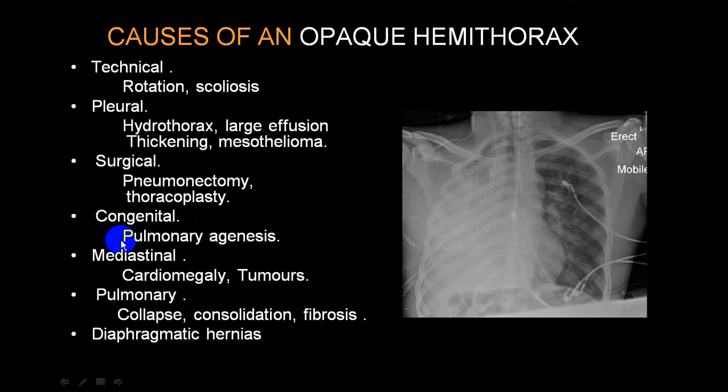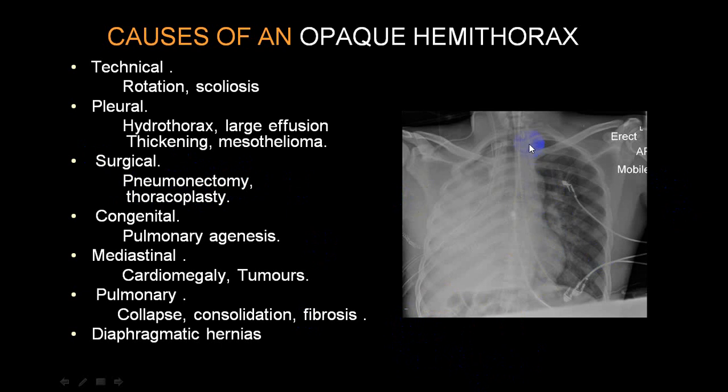While in a case of a mediastinum, cardiomegaly, tumors will increase the density. In a lung, collapse, consolidation, fibrosis. These three will produce radio opacity. So try to identify these conditions which will produce silhouette sign with mediastinal structure or with diaphragm. Once in a while, pneumonectomy will also produce a radio opacity, and that will interfere with the border of the heart. So identify those particular conditions.